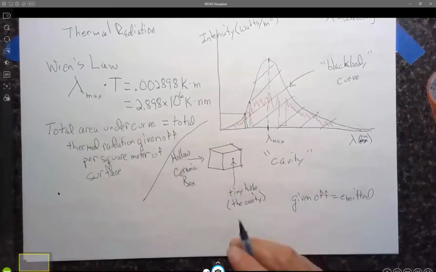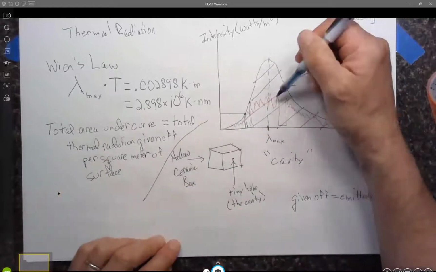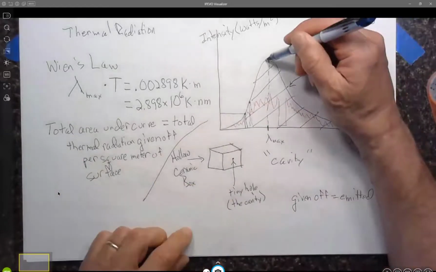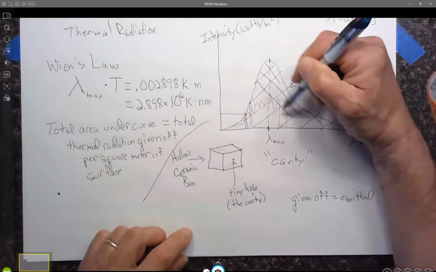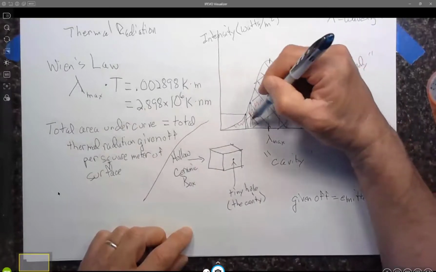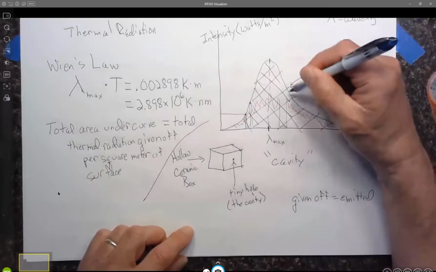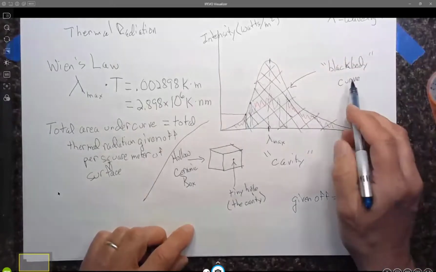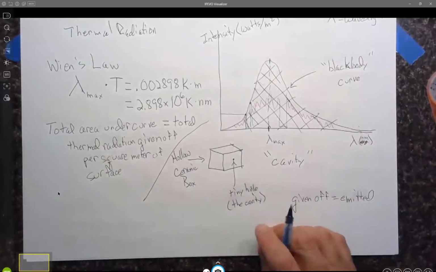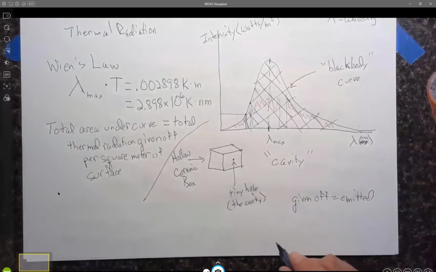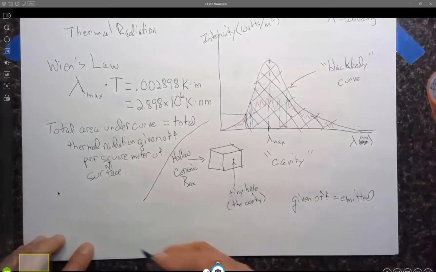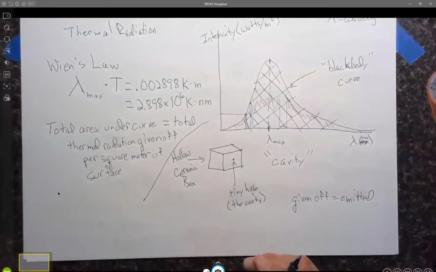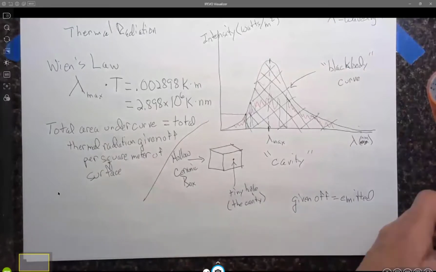All right, and we need to think about that. So that cross-hatched area that I just drew in here, that would be what it is. And it turns out for these black bodies or cavity radiators that the total radiation given off is equal to, let's see, I need to pick a good letter for this one.